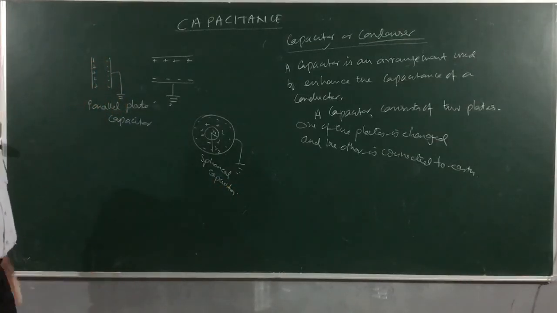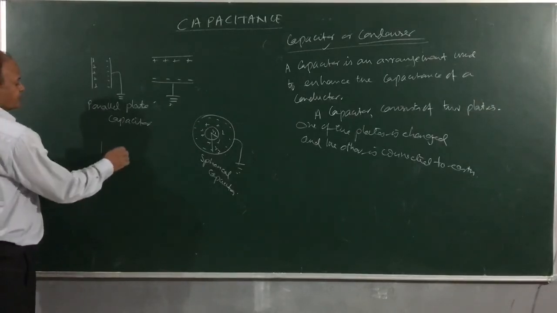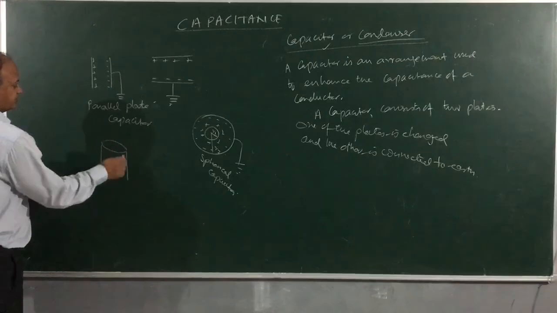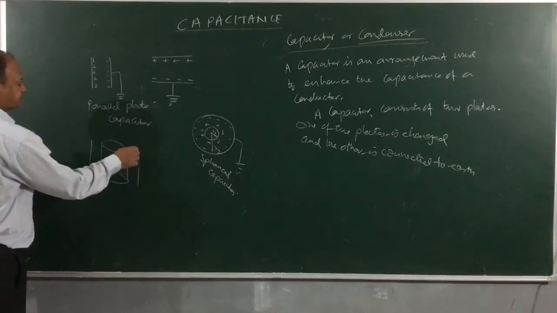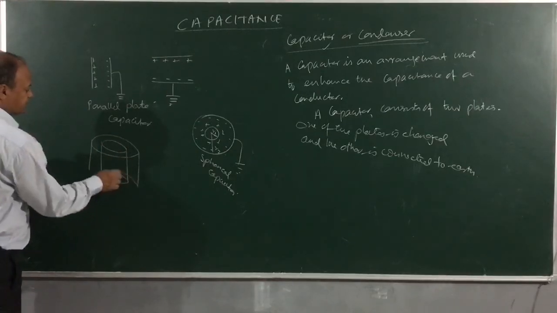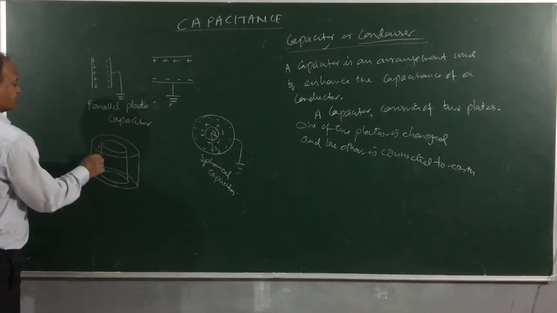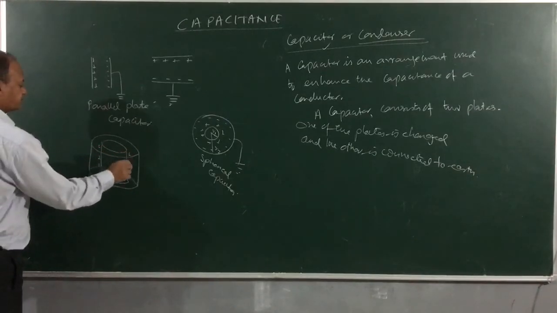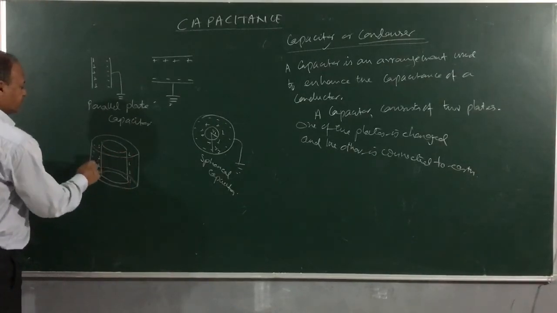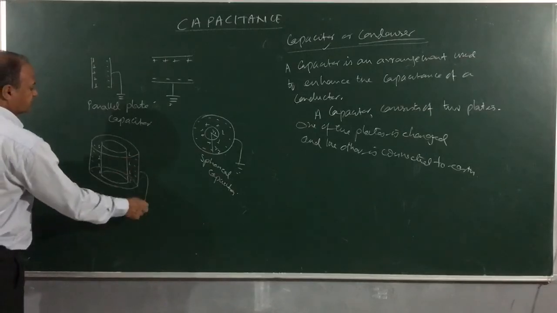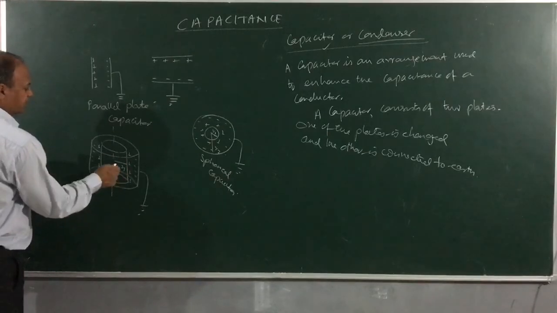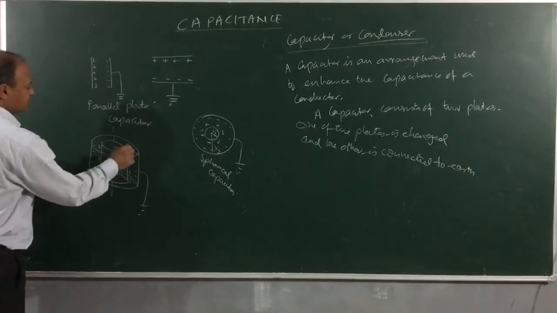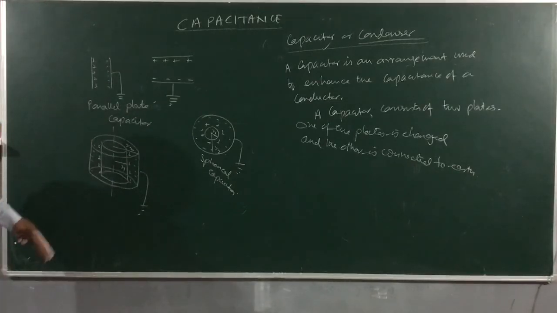If I wish, I can choose two conductors to be cylindrical. One cylinder is here, and concentrically I place another cylinder here. Suppose I am charging this one, and I am connecting the outer one to earth. This radius R1 and this radius R2. So this becomes cylindrical capacitor.